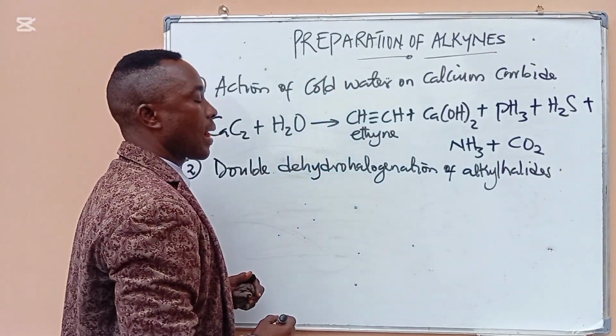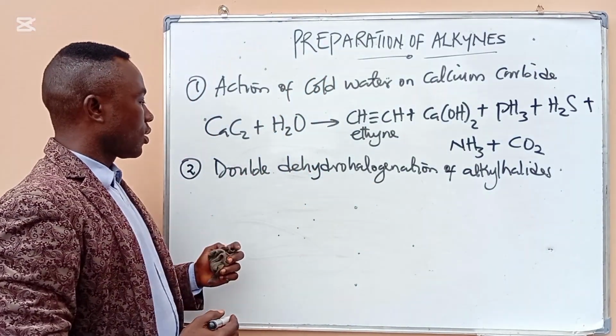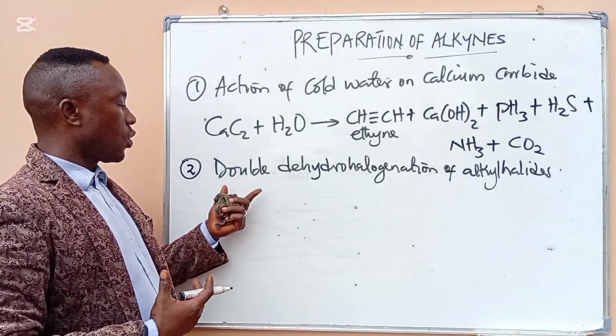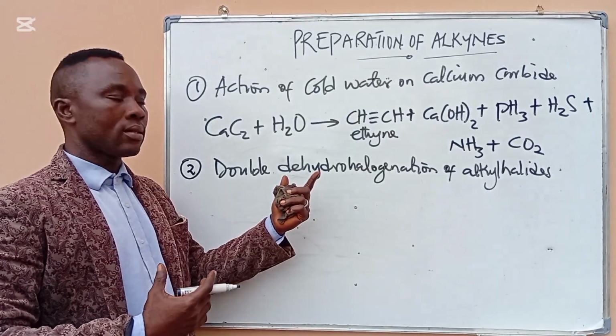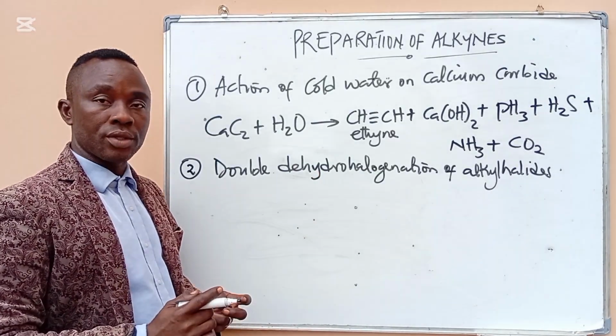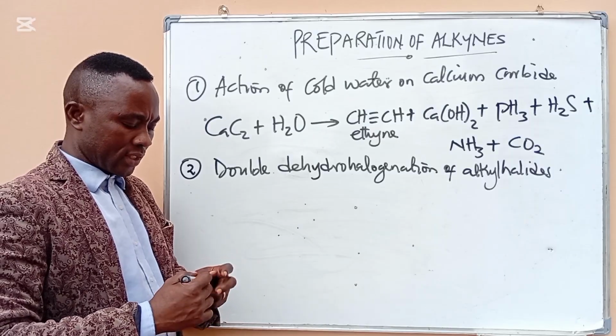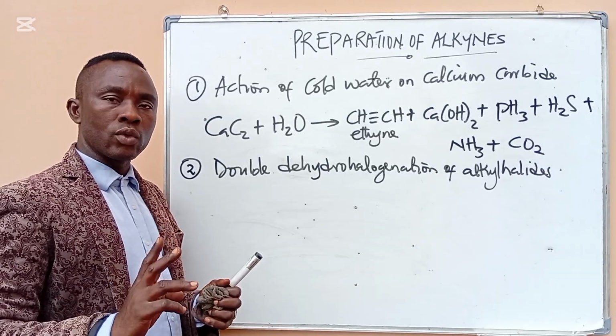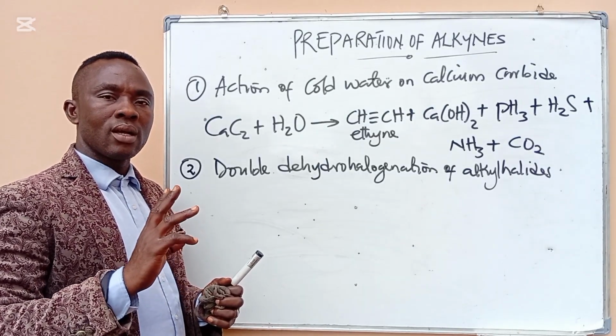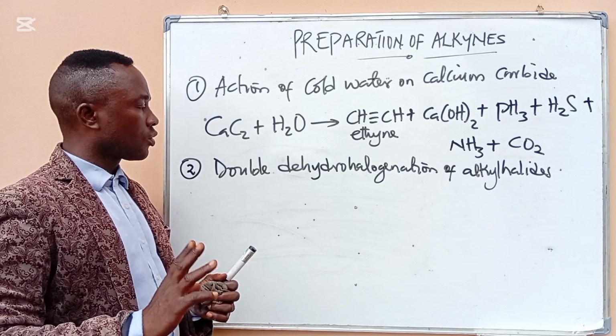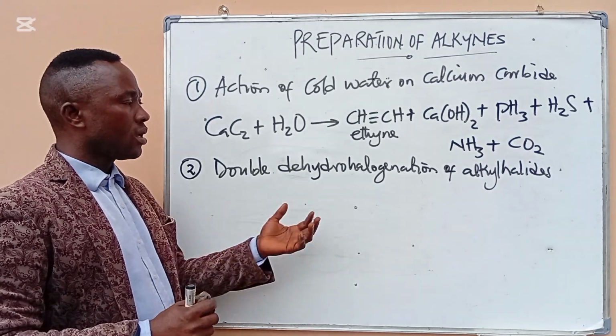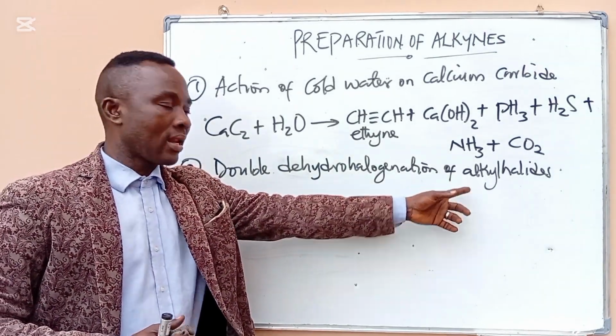Alkyl halides are haloalkanes. What double dehydrohalogenation simply means is that we remove two molecules of hydrogen halide from alkyl halide.